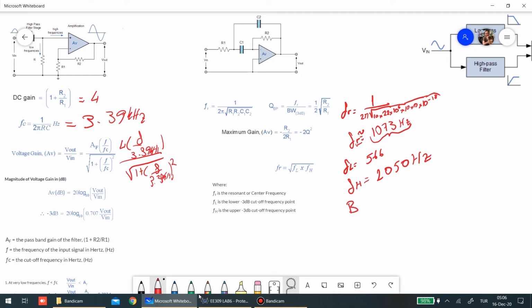The bandwidth is equal to F high minus F low. It is approximately equal to 1484 hertz.